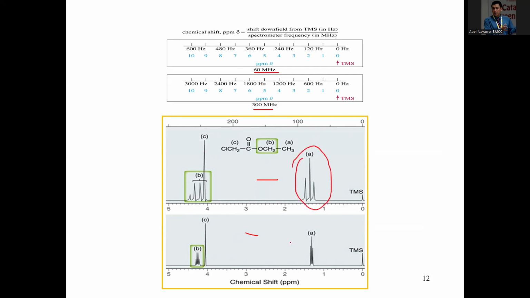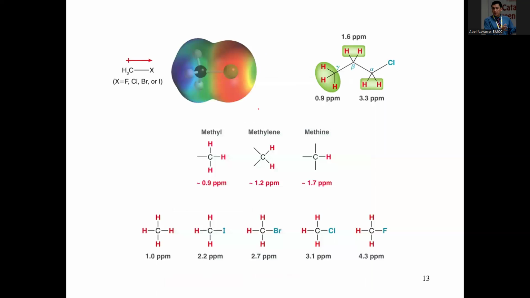Of course, I will prefer that peak because it's more resolved and I see the splitting in a better way. This one, I still see the splitting, but it's not as resolved as the one from the 300. And that's 300. Imagine 400, 600, 700. They have way better resolution.